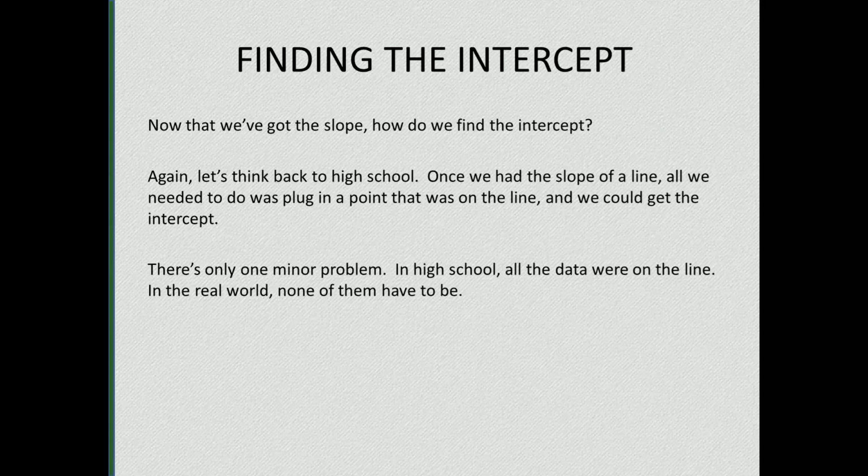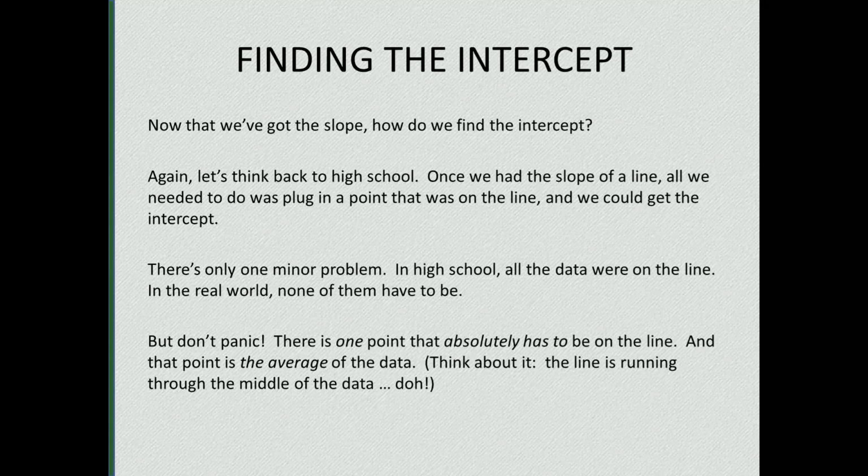But there is one point that we know has to be on the line. And that point is the averages. Think about it. The line's running right through the middle of the data, and so it should hit that average point.